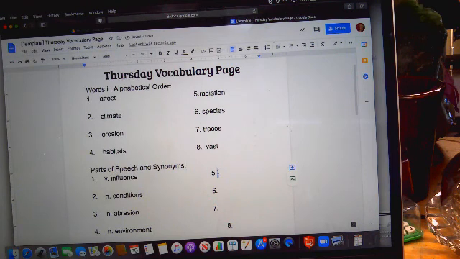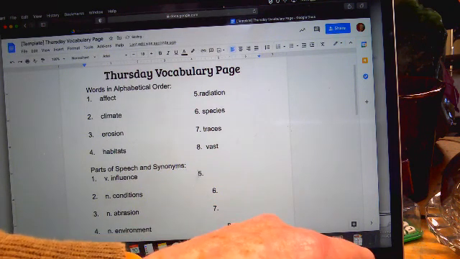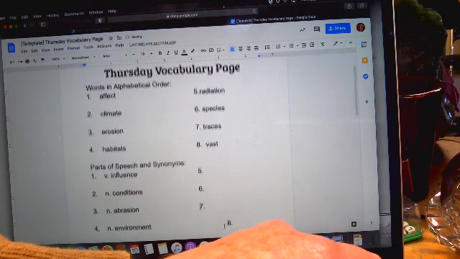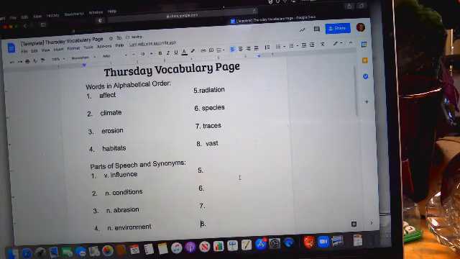Okay, then we come over here to 5. We may have to back this up a little bit. I think we're going to have to give ourselves a little bit more room. So number 5 is radiation, and that's a noun. And our synonym for radiation is emission. And then number 6 is species, and that's a noun.